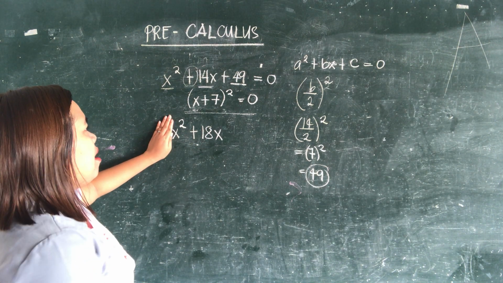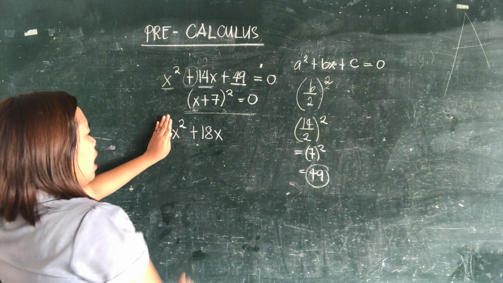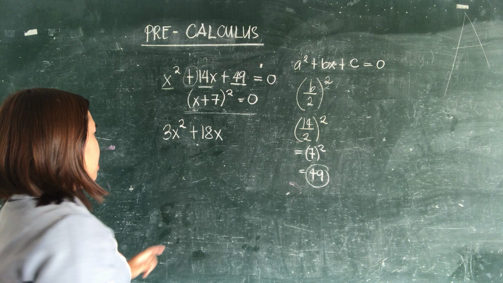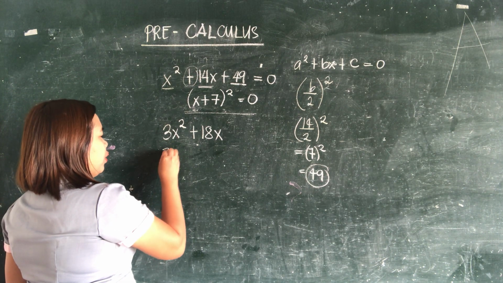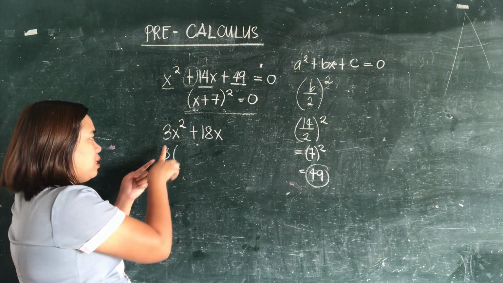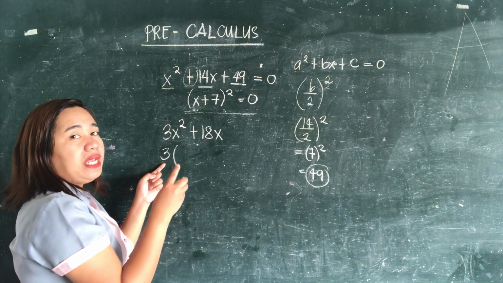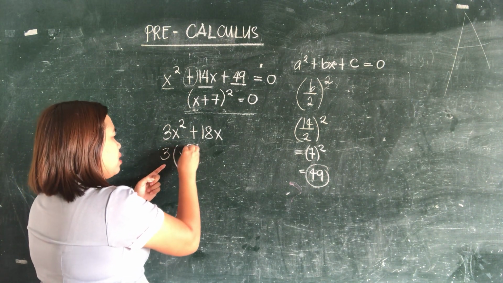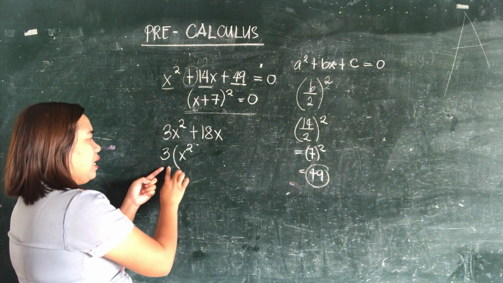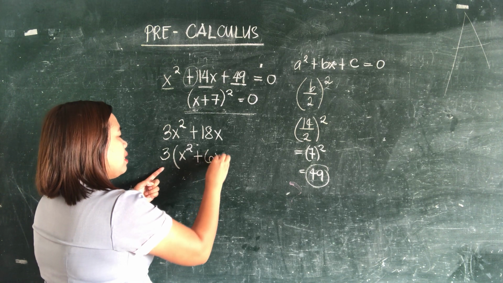Kasi para pwede na tayo mag-complete ng square, ang rule dyan dapat 1 lang yung coefficient ng x squared. So we divide or we take out 3. 3x squared divided by 3 is 1x squared, or simply x squared. Positive 18x divided by 3 will give you positive 6x.